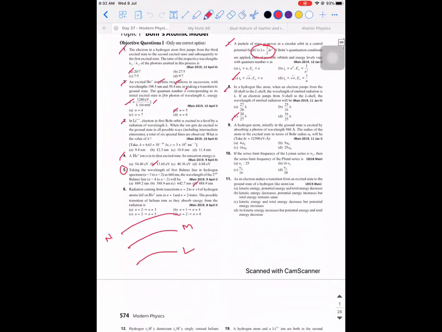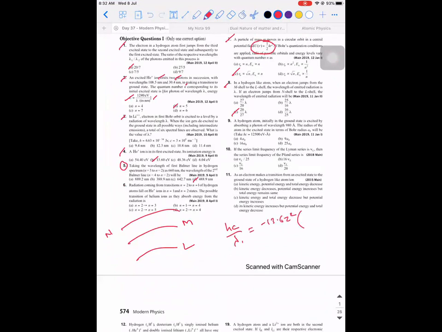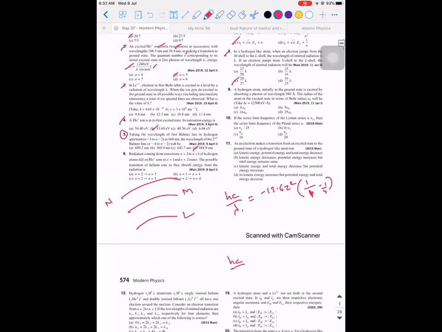So hc by lambda 1 will be equal to minus 13.6 into Z square into, for the first transition, 1 by 4 minus 1 by 1. So 1 by 1 minus 1 by 4, that will be 3 by 4. So hc by lambda 2 will be minus 13.6 into Z square into 1 by 1 minus 1 by 9. So this will be 8 by 9. This will be 3 by 4.